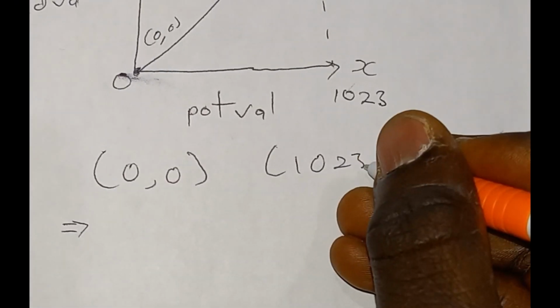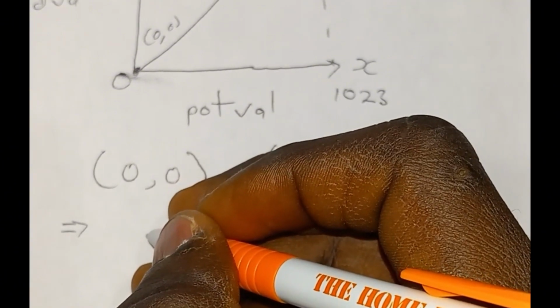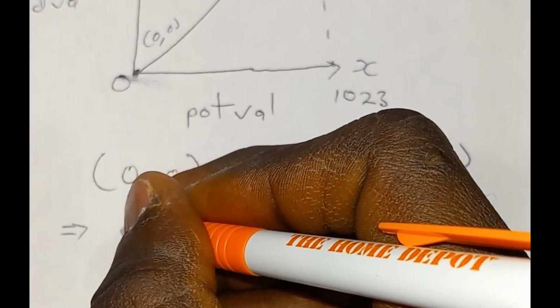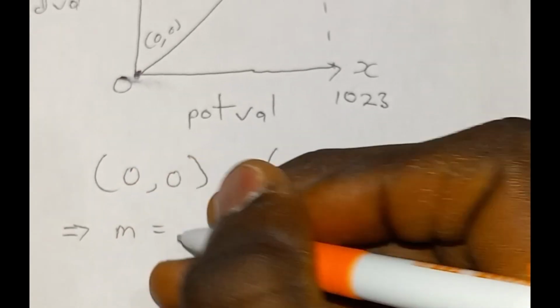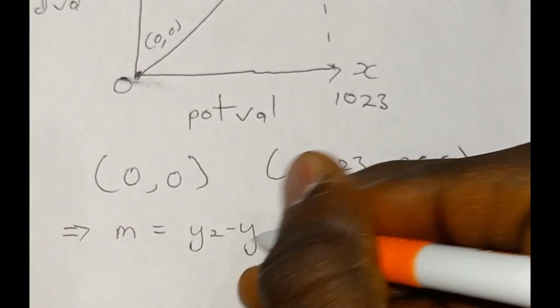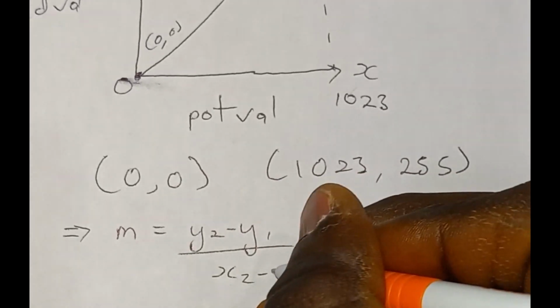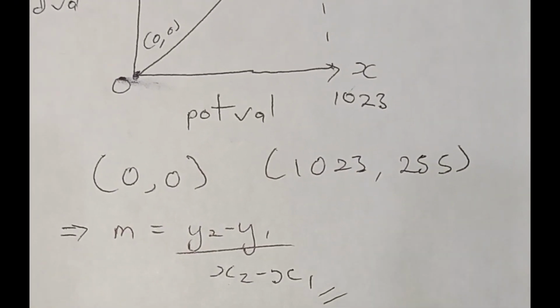Now, we use the formula for finding the slope of the line or the gradient. We know m is equal to y2 minus y1 over x2 minus x1. Remember this formula?